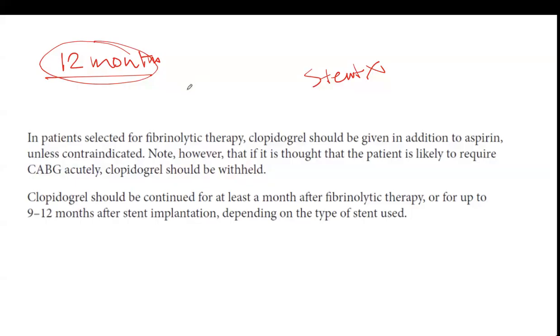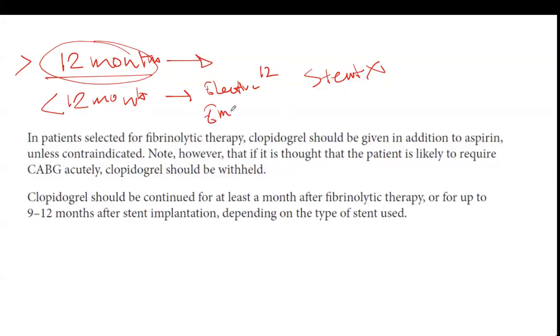So remember that if a patient is on aspirin and clopidogrel and they had a stent, and the stent is more than 12 months old, then you can do any operation. You can even stop the clopidogrel and get the operation done. But if it is less than 12 months, for an elective operation, you just delay the operation for 12 months.